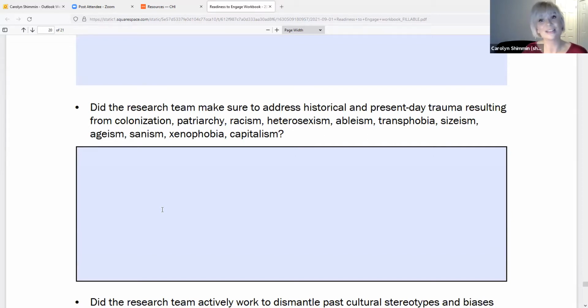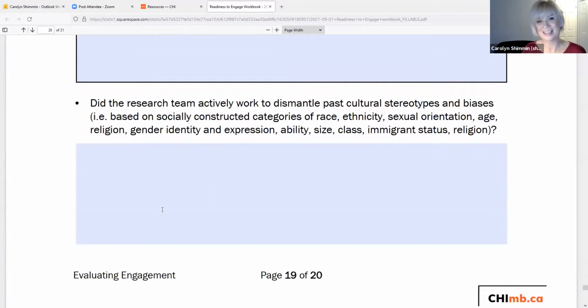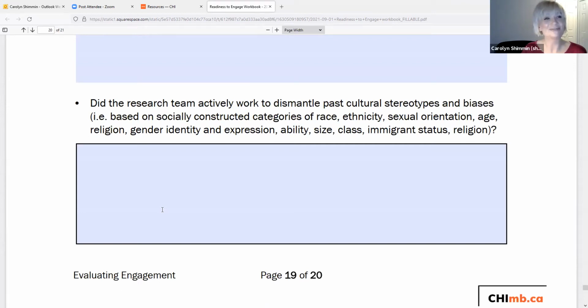Did the research team make sure to address historical and present day trauma resulting from colonization, patriarchy, racism, heterosexism, ableism, transphobia, sizeism, ageism, Satanism, xenophobia, and capitalism? Did the research team actively work to dismantle cultural stereotypes and biases?